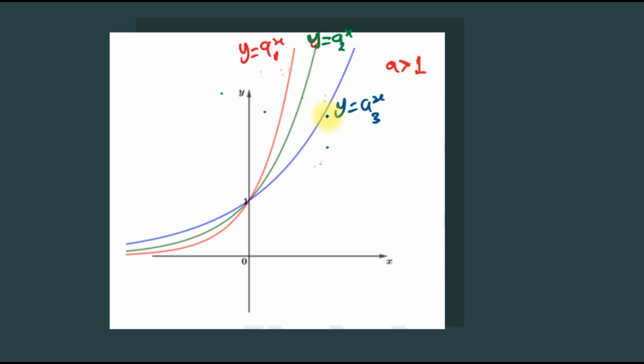Whenever you have three graphs or more like this, the one closer to the y-axis has the greater base. So a3 is less than a2, which is less than a1. The one closer to the y-axis is always the greatest.